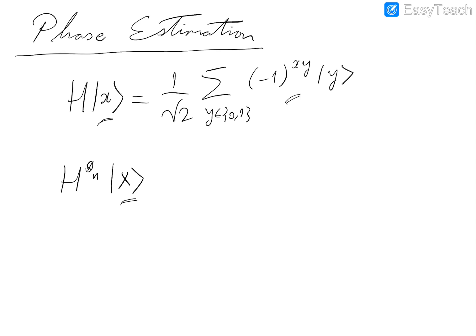This denotes an n-qubit state, and this is equal to 1 over square root 2 to the n, summation over plain y, where y is an n-qubit state, (-1) to the power x times y, ket y.